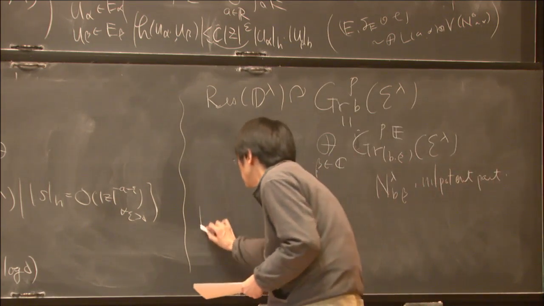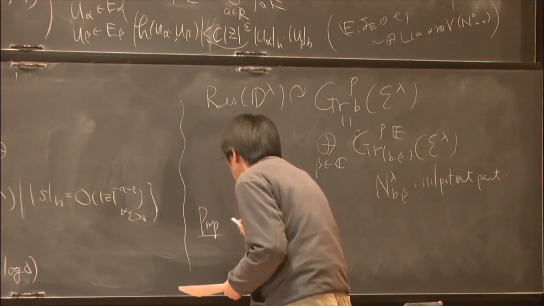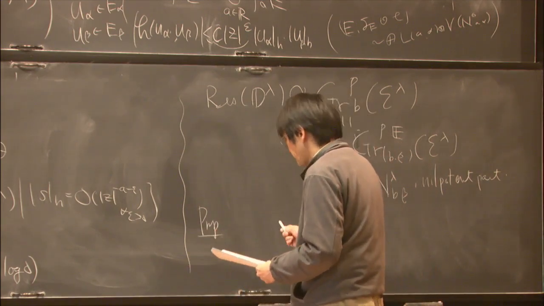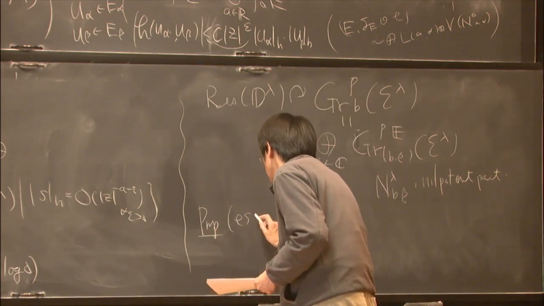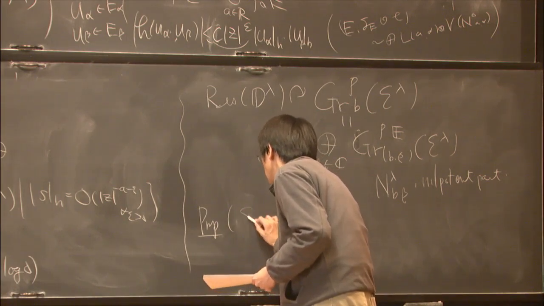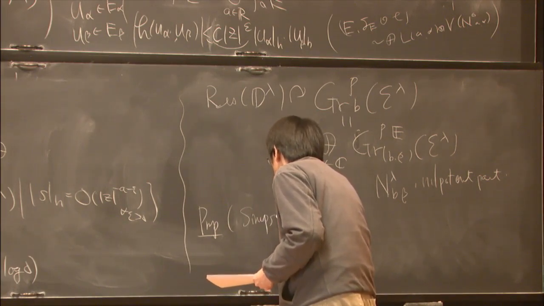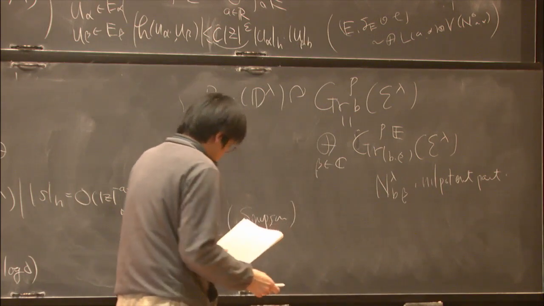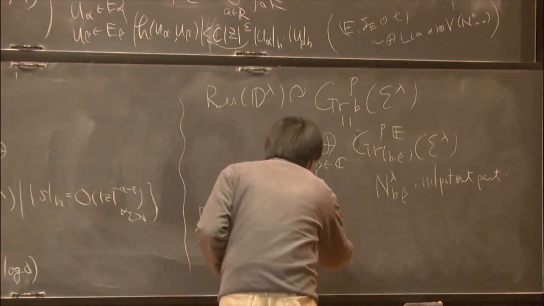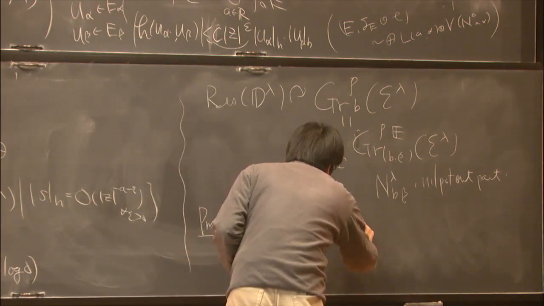Then proposition. This is again essentially Simpson. So we have the map K lambda.